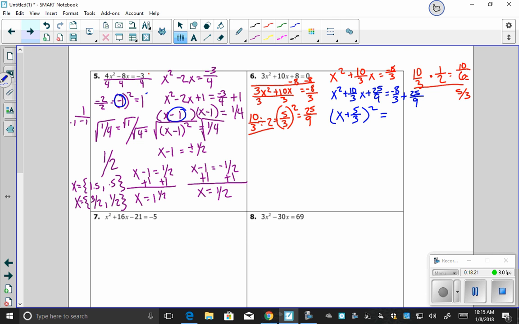equals negative 8 over 3 plus 25 over 9 simplified. When you simplify that, you should have gotten 1 over 9.